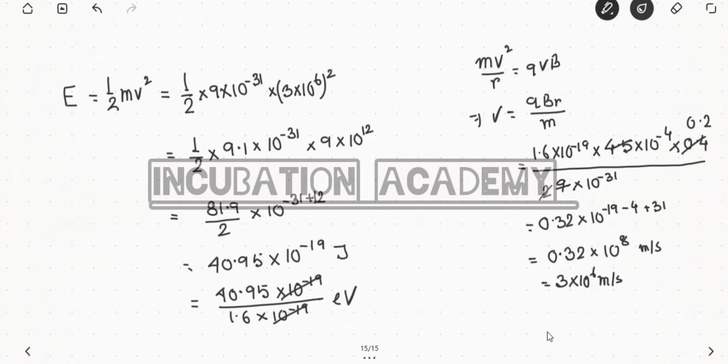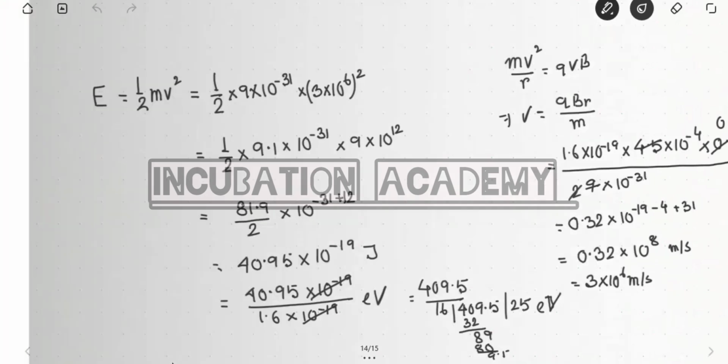So it will become simply 409.5 divided by 16. 16 2s are 32, so approximately 25 point something electron volt, not joule. I have converted it into electron volt. Joule is 40.95 into 10 to the power minus 19 joule.